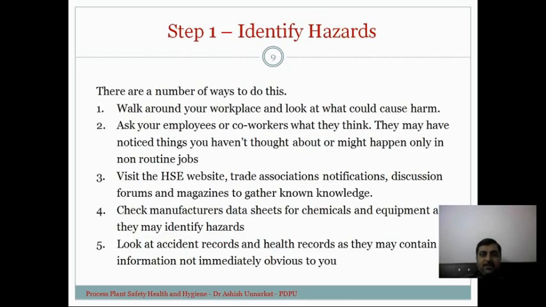So our step 1 is to identify the hazards. Very evident on how to identify is to take a round. That's called the audit. So typically for a safety audit and an environment audit, people from an HSE department will take a round of your workplace along with your in-charge and they will take a look.